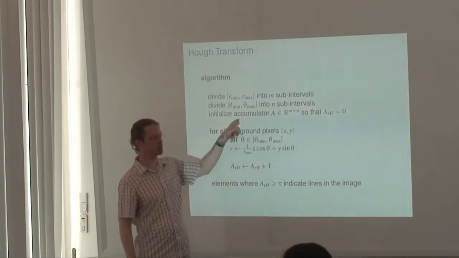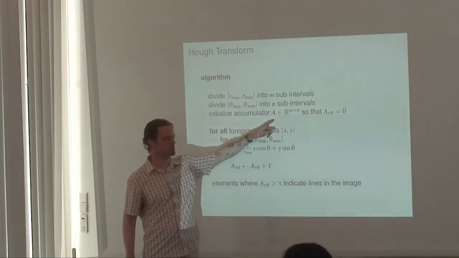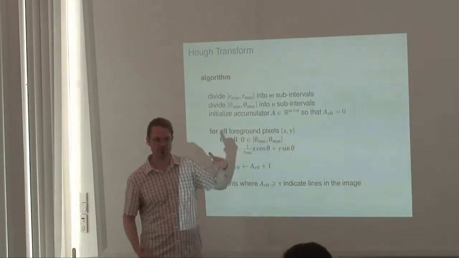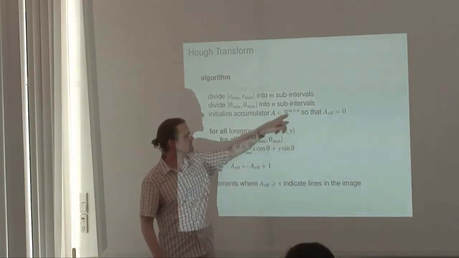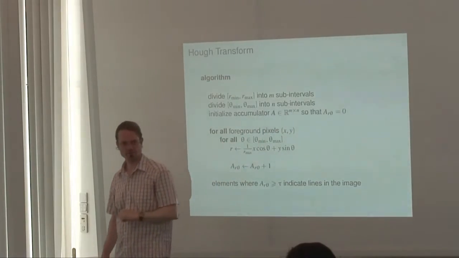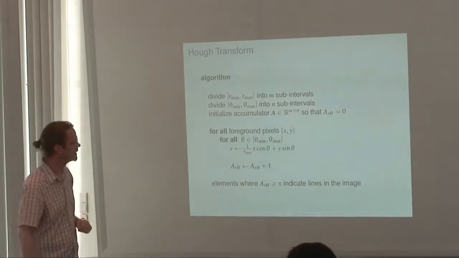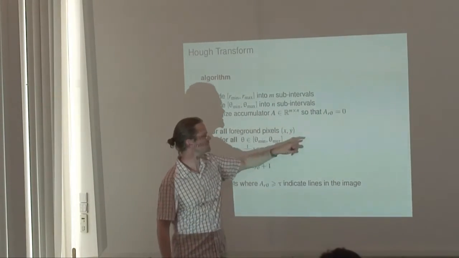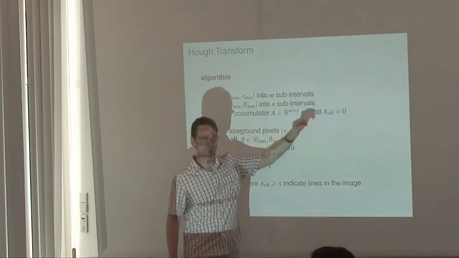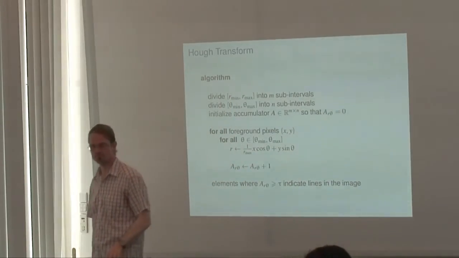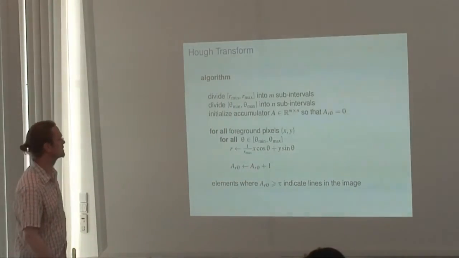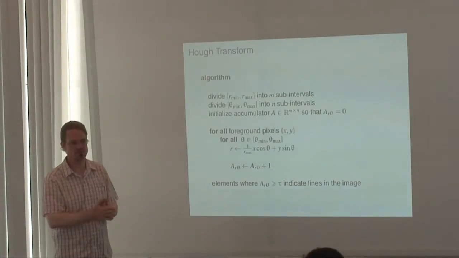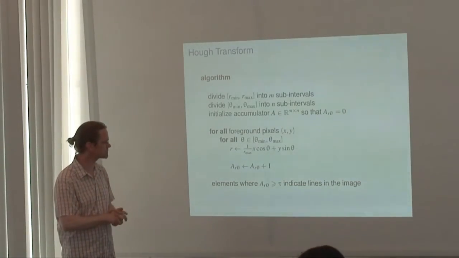It's also called an accumulator. It's just a matrix of the size of the number of intervals we have chosen for r times the number of intervals we have chosen for theta. And we initialize this matrix of dimension M by N so that at the beginning every entry of this matrix is 0. Then we iterate over all the foreground pixels in the image, say the edge pixels we have in our edge map.